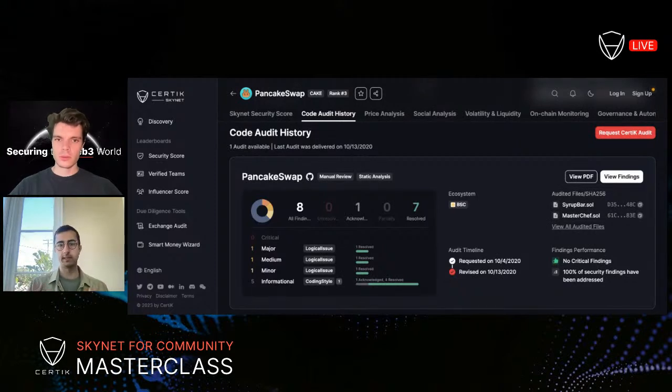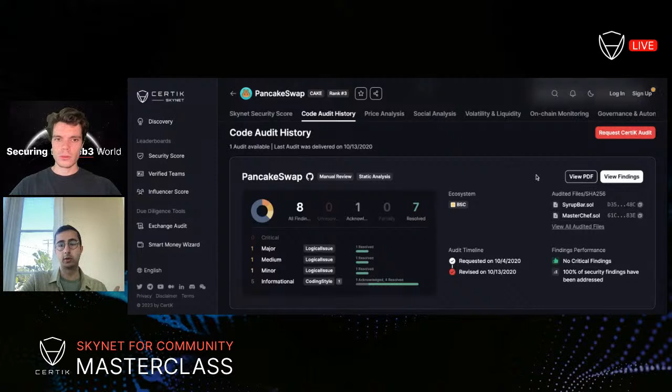What that does is when projects activate Skynet, it offers them real-time security monitoring by our 24/7 monitoring system, so they can get alerts and backend information. But then 2, it shows an additional layer of depth in terms of all the data insights. A lot of the data that you do see on these tabs is feeding into the overall security score into different variables.